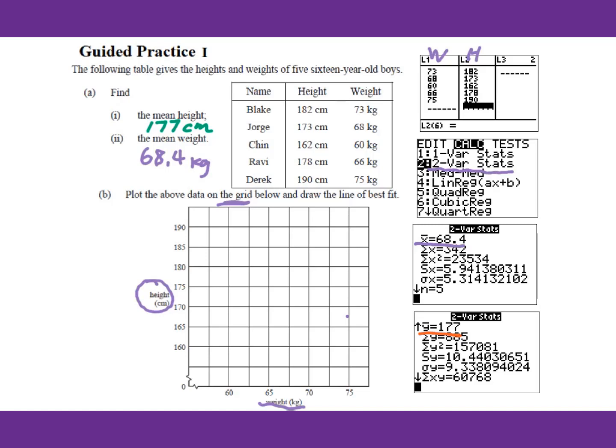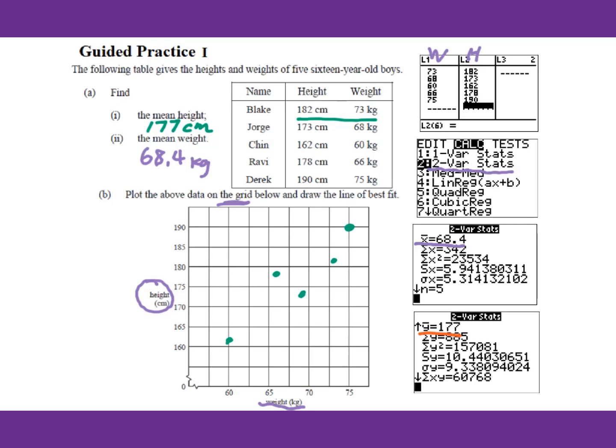We know, first of all, that's 73, 182. 73 is over here, 182. We already plot this point on this grid.